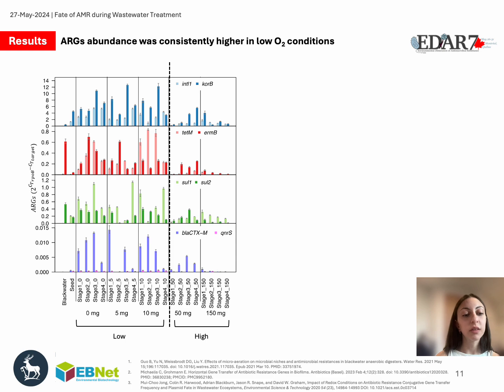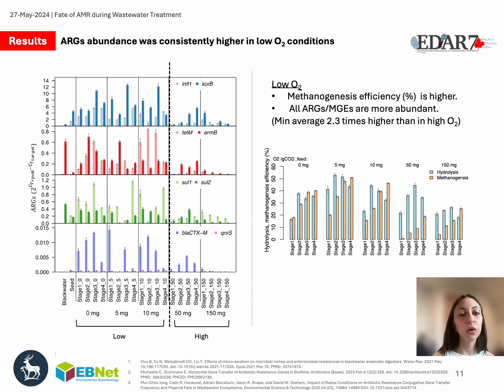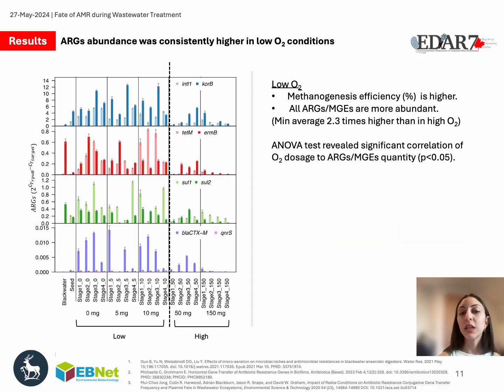The results of this study have shown that in low oxygen, methanogenesis efficiency is higher, and that all antibiotic resistance genes and mobile genetic elements are more abundant, with a minimum average of 2.3 times higher than in high oxygen conditions. An ANOVA test revealed significant correlation of oxygen dosage to antibiotic resistance genes and mobile genetic elements quantity.